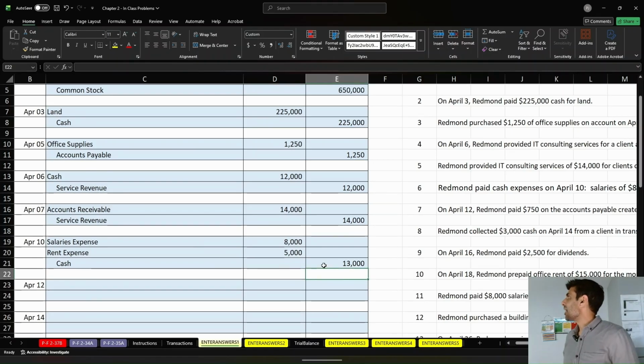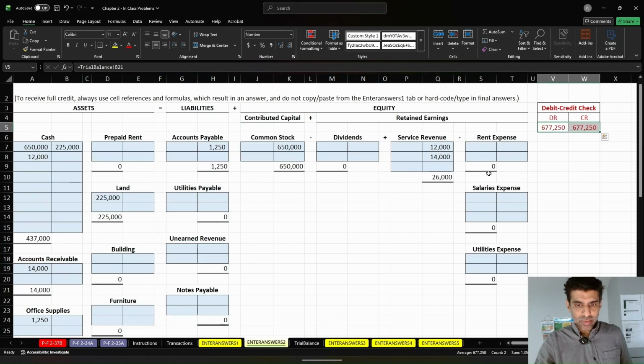Okay, so again, we're following our cardinal rules of journal entries. There's at least two, and the debits equal the credits, right? Okay, so let's just now post this. So salary expense, now I'm going to finally be into this section here.